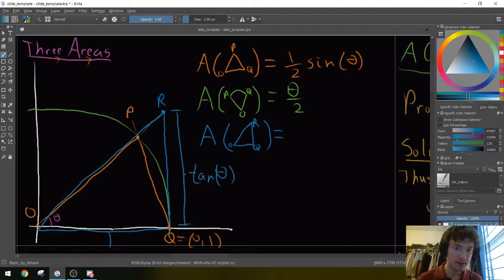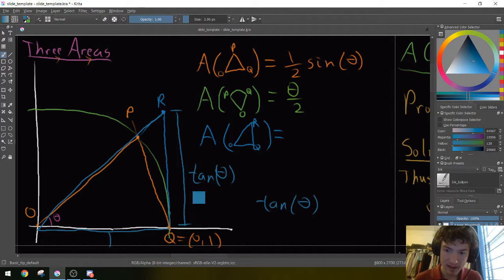If you just took opposite over adjacent using theta in the bottom left, theta is an angle of the blue triangle, so tangent of theta is the ratio of the opposite side to the adjacent side. The opposite side is this x we're trying to solve for, the height. The adjacent side is simply 1, so I put x over 1. But that's just the statement that x, the height, is exactly the same as tan theta. Okay. Makes sense. Okay, good.